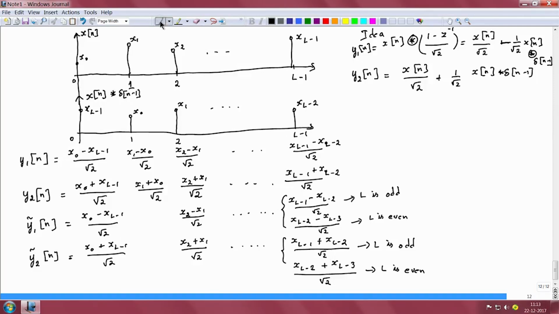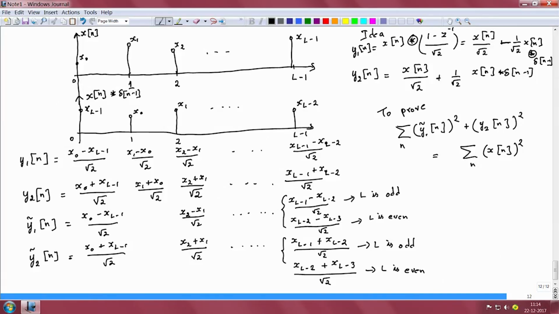So, we have the outputs at the first stage of decomposition, and to prove Parseval's theorem, what we need to prove here is that the summation over n of y1 tilde of n whole square plus y2 tilde of n whole square should be the same as the summation over n of x of n whole square. So, this is essentially what we are trying to prove. So, we will use these properties.